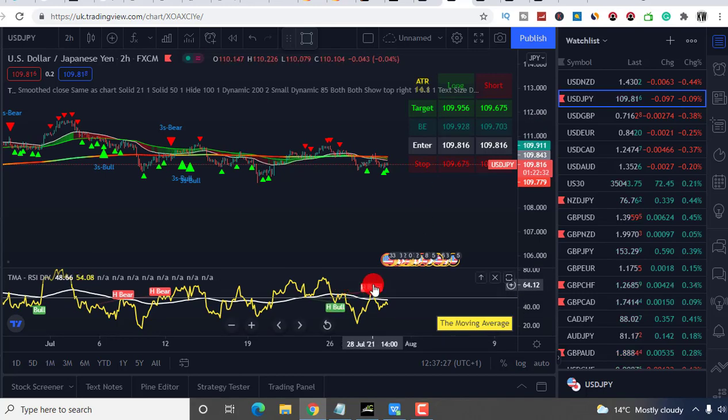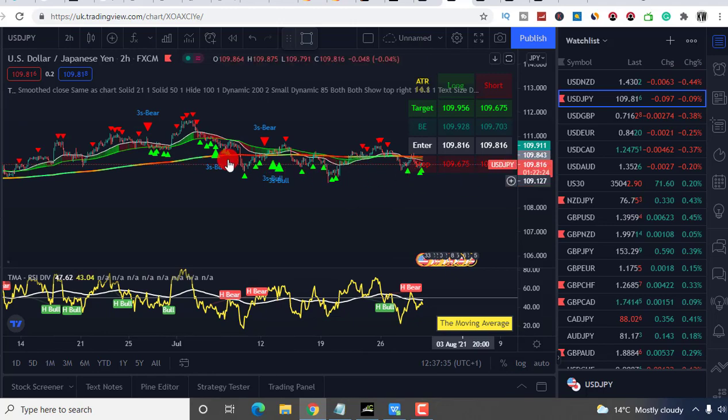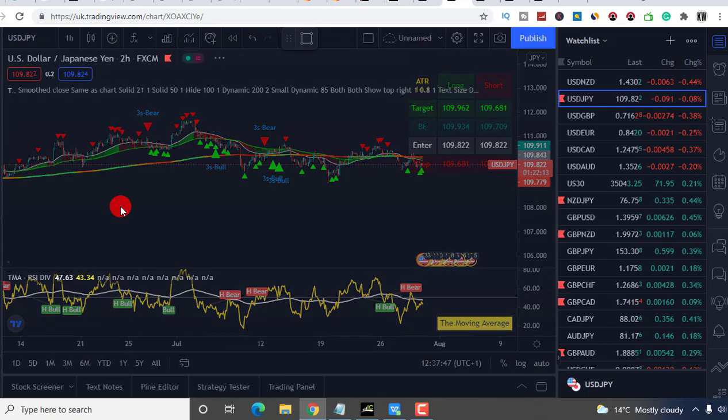We have a hidden bearish over here, hidden bullish over here, and it's a bit tricky, this one. Obviously price is dropping. Again, each candlestick represents 2 hours, so we would say price is dropping in this case. An hour as well.